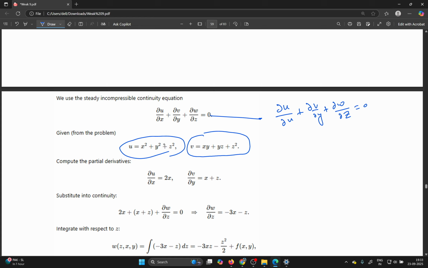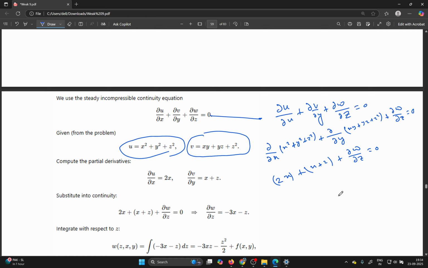So let us put here del by del X of U, which is given as x square plus y square plus z square, plus del V by del Y, where V is given as xy plus yz plus z square, plus del W by del Z. Once you differentiate these, you will get 2x plus x plus z plus del W by del Z equal to 0.